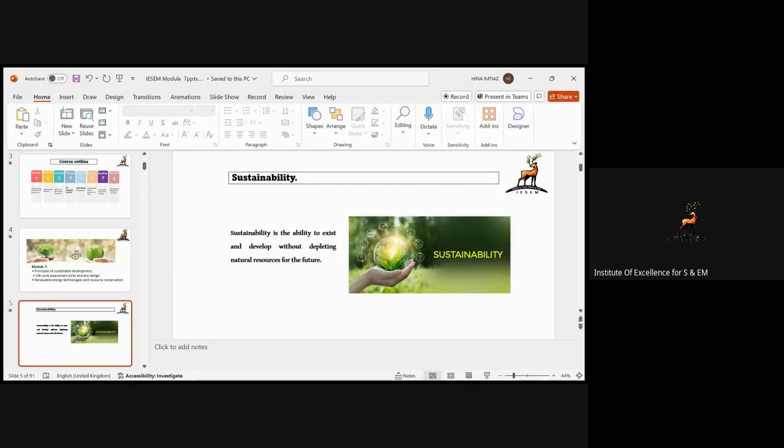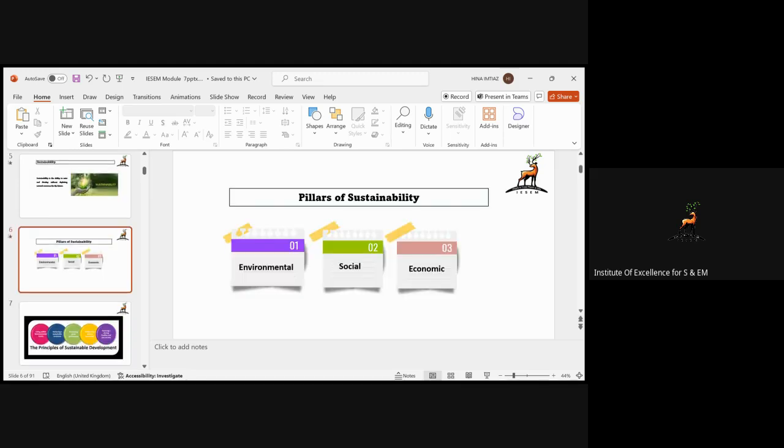But we have to grow, we have to do development, we have to progress, but we can use renewable resources. I will tell you later in this class what renewable resources are. So we have to focus on renewable resources. Basically, the concept of sustainable development leads us to new resource consumption strategies, so that we have to develop new resources through research.